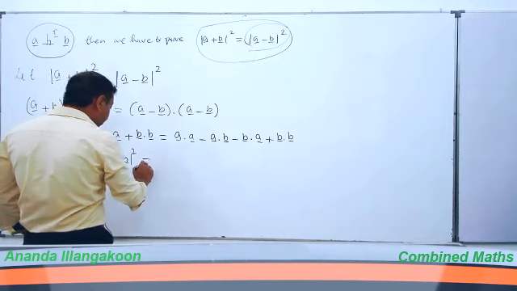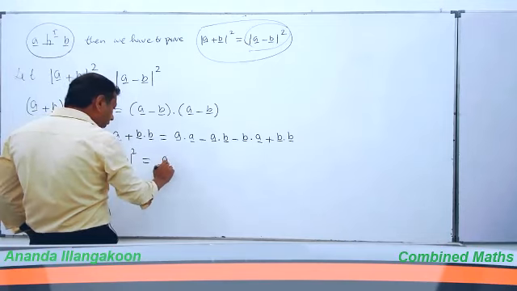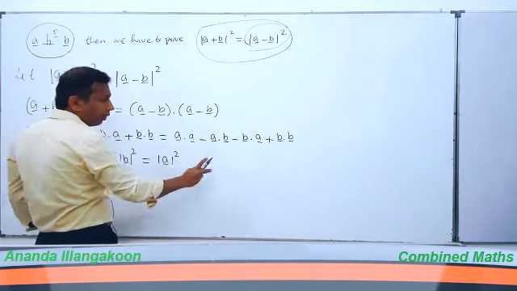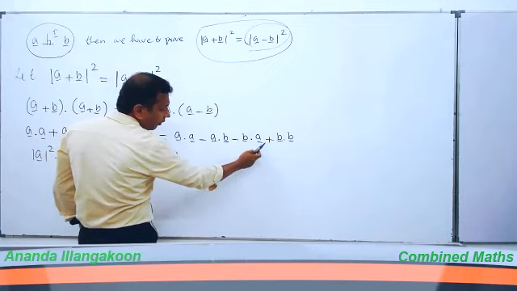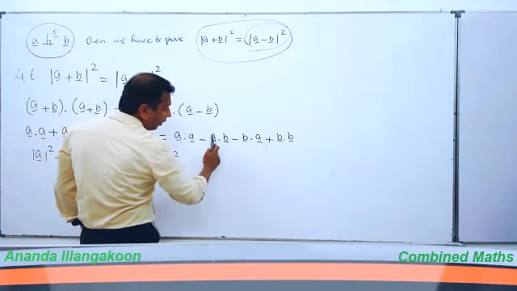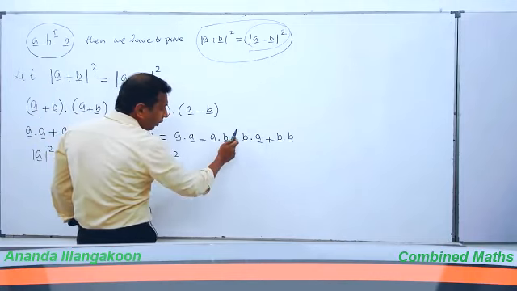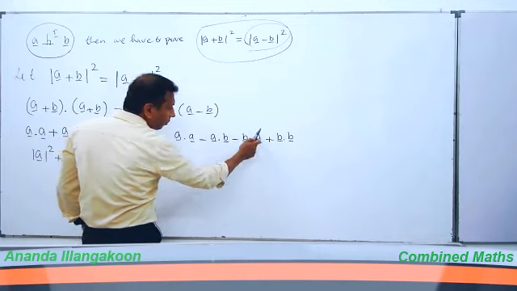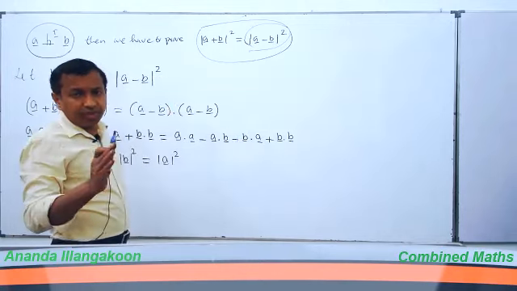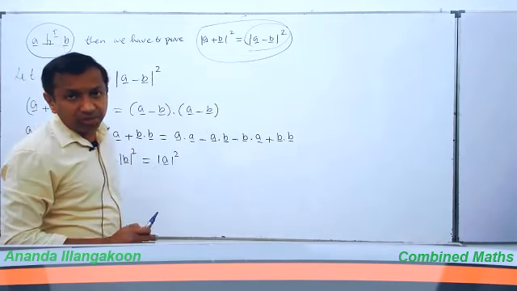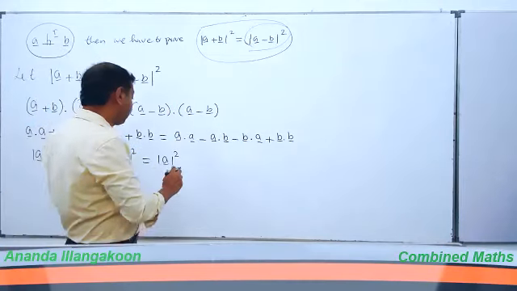And here A dot A is mod A square. Here, people, B dot A I can write as A dot B. Here we have minus A dot B. Here also we have minus A dot B. Minus A dot B is what? Minus 2 times A dot B.